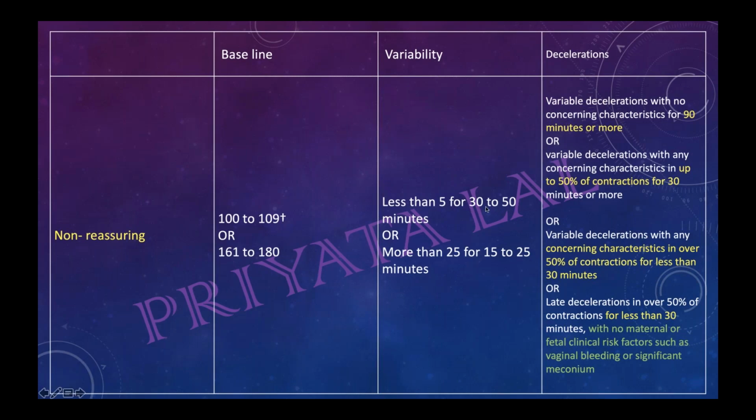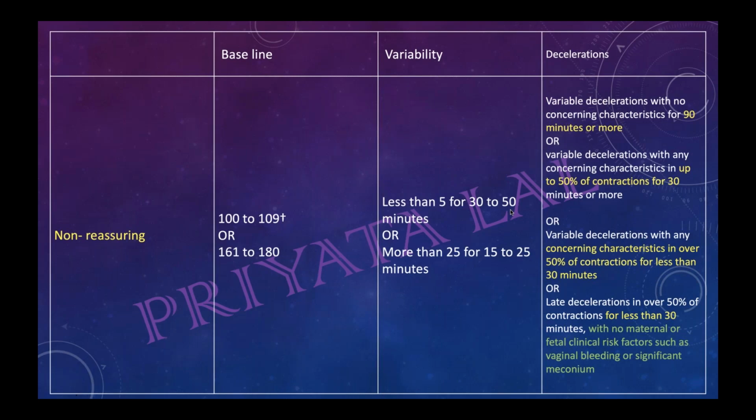Whatever the CTG you will find, they will give sometimes 20 minutes, sometimes 30 minutes. So if they have given a 20-minute CTG and you find variability less than 5, then you cannot put that under NR feature. If they give you a 30 or 40-minute CTG and your variability is less than 5, in that situation you will put that in NR feature.